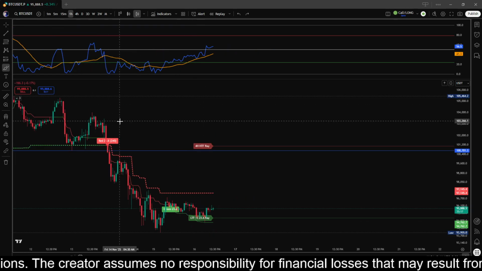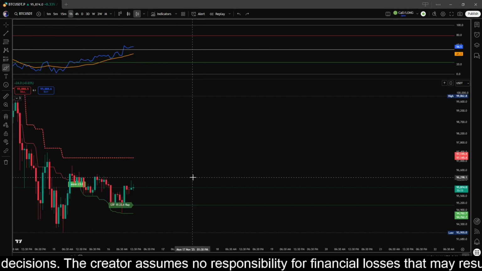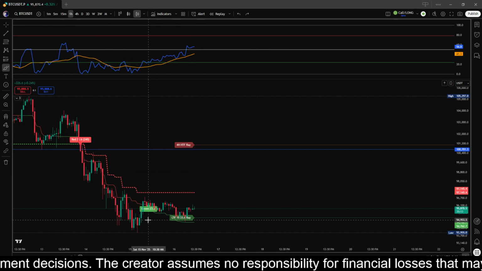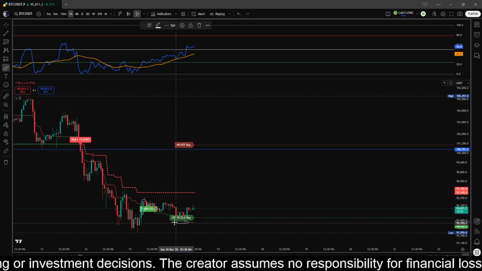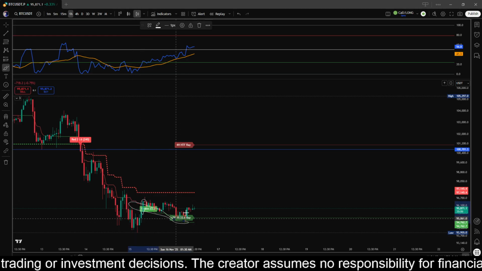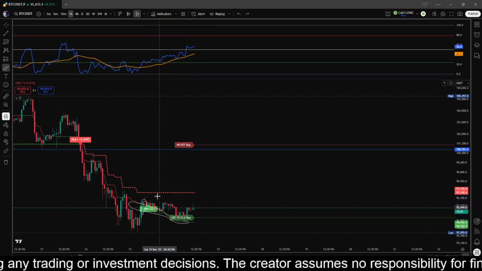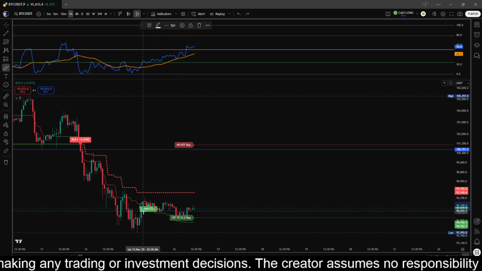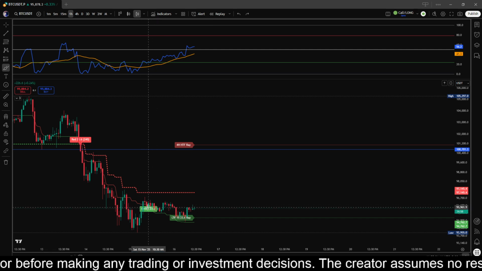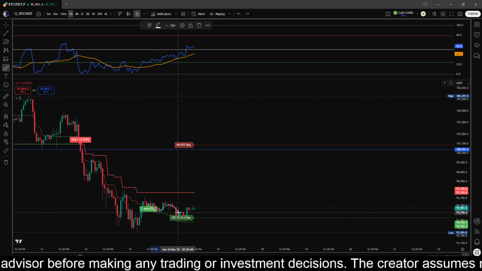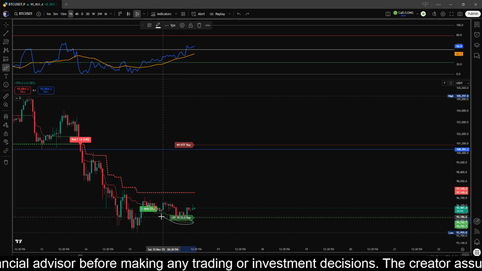I'm not going into the details of the script, but whenever the price closes above this solid green line, and this is the dotted one, right now what I have here is a green signal, and the price is trading above this green signal.